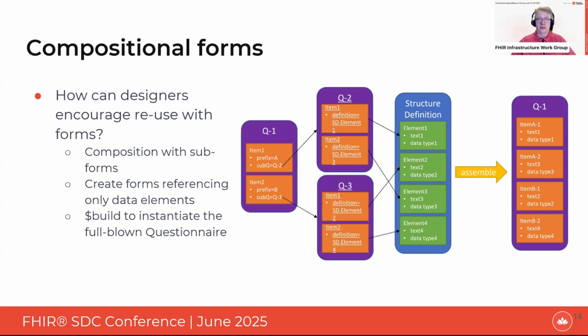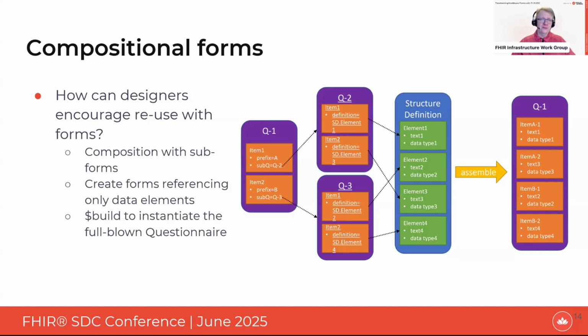There's also folks that say, you know what? I have a demographic section in 90% of my forms, and it asks the same questions. And when somebody says, you know what? We're going to change the list of gender options, or we're going to add in the ability to ask for pronouns, or we're going to now enforce standards in terms of what postal codes are allowed to look like.